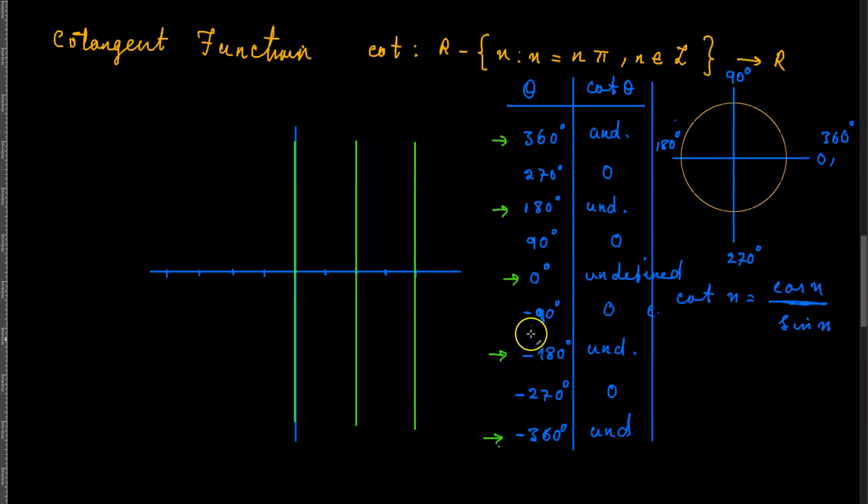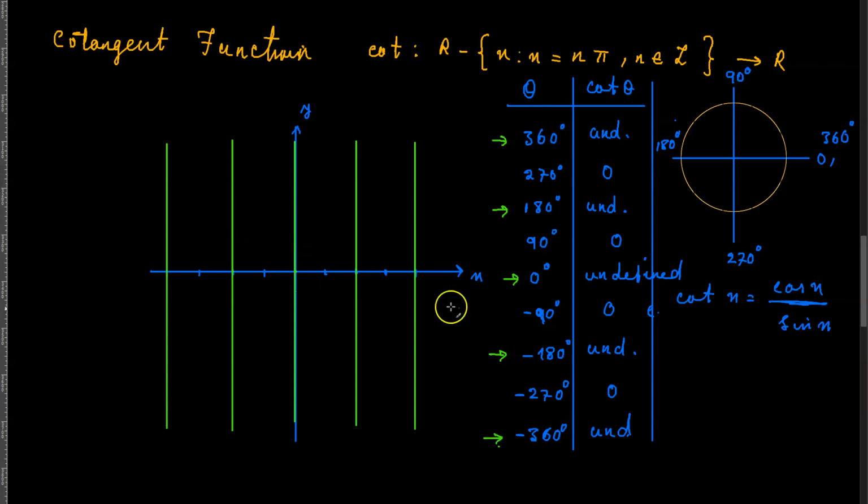At -180 degrees, you will get a vertical asymptote here. And at -360 degrees, you will get a vertical asymptote here. And this is your y-axis, this is your x-axis. And at x equal to 90 degrees, your output is 0.